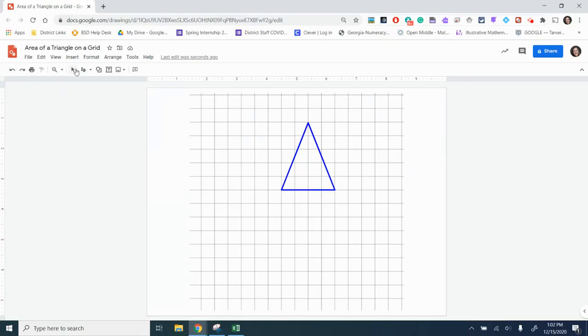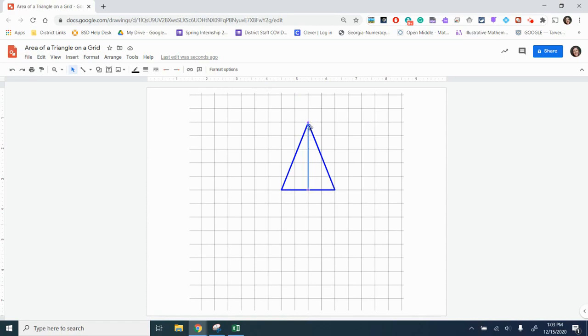Well, did you know that if I grab a line here, and if I put a line right down the center of this triangle vertically, now what do you notice? I now notice that I have 2 right triangles. Okay, you see that?